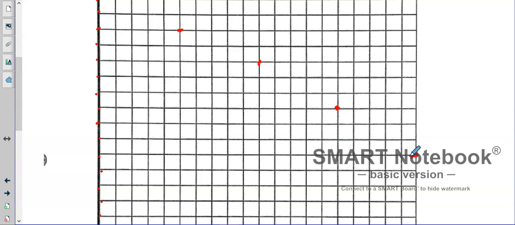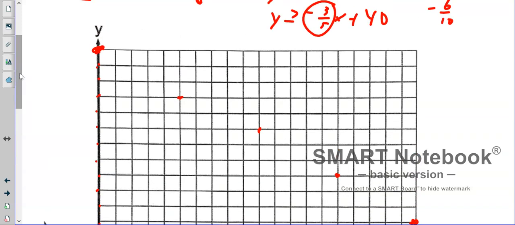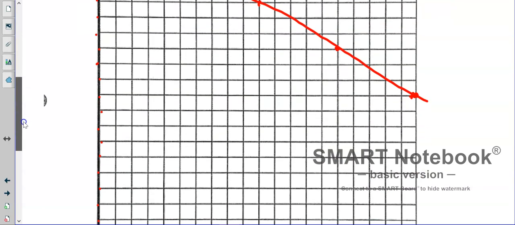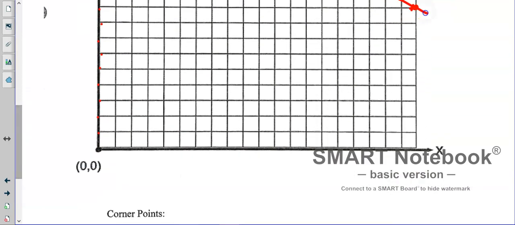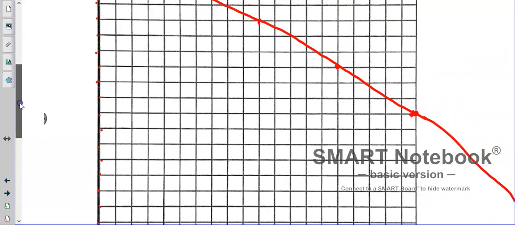You can tell this is going to go off the grid. It's going to continue down here and actually it's going to hit at 66.6 repeating. All right, and this only goes to 40. So that's fine. You'll see why in a second.